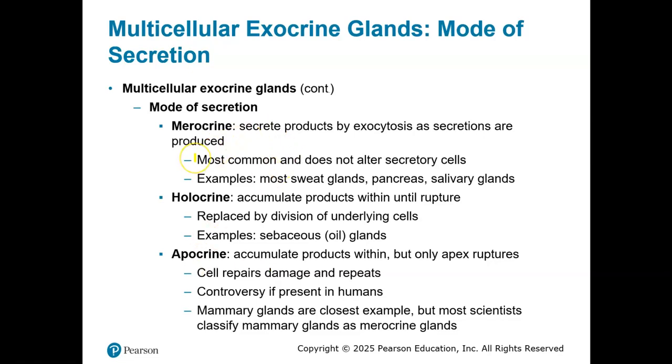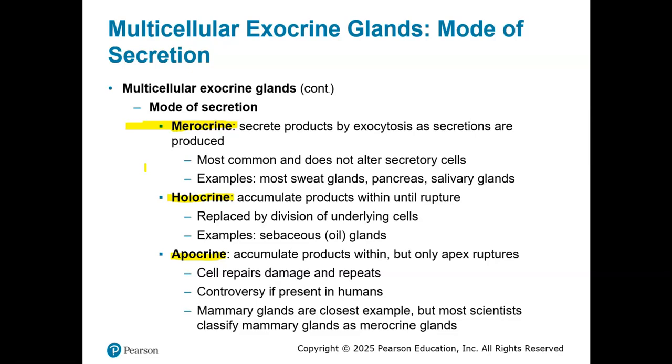Okay? With exocrine glands, I do want you to know the difference between a merocrine, apocrine, and holocrine exocrine gland. So, just to be clear, endocrine glands produce hormones and release those hormones into the blood, and we're not learning any different types of endocrine glands.